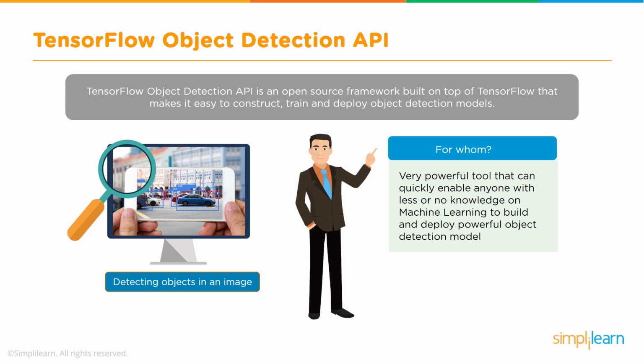This is pretty robust and can detect objects fairly quickly, and it is very easy for people to use as well. People with very little or no knowledge of machine learning or deep learning, with a little bit of Python programming knowledge, can actually use this API, this library, to build object detection applications.